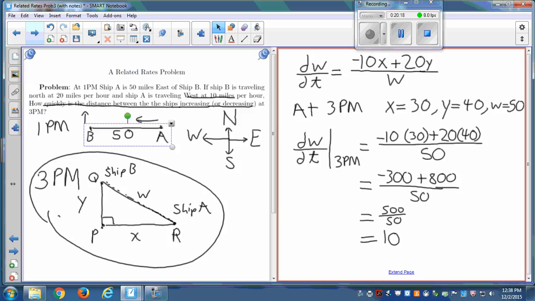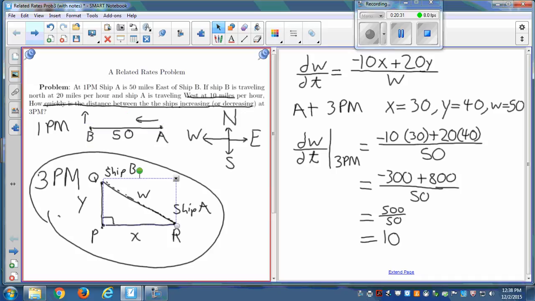So we can now state our answer. Okay, since we have a positive 10, that means that this length w in our picture here is getting longer. It's growing with time, becoming longer with time because we have a positive 10. So that means that ship A and ship B are going apart from each other at 10 miles per hour.